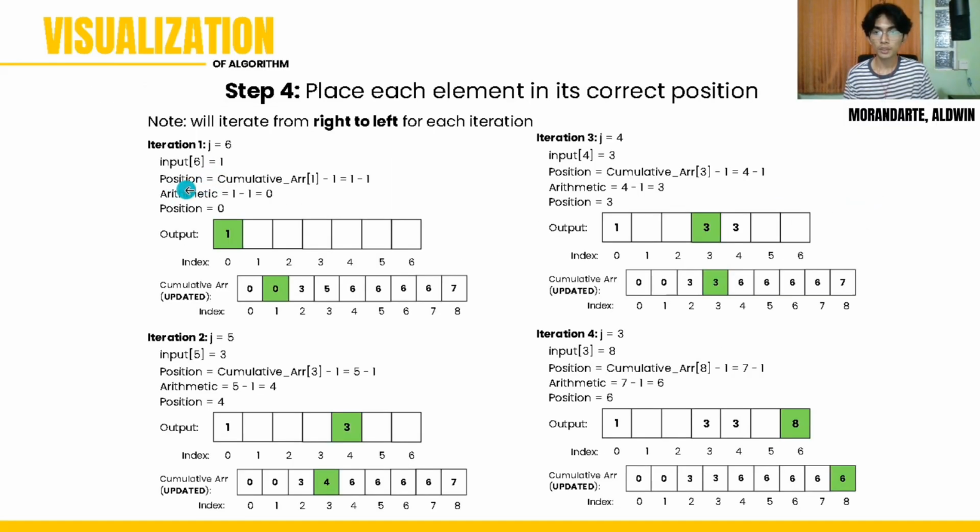And then to get the position, using the value from input 6, we apply it to the cumulative count array minus 1, which is 1 minus 1 is equal to 0. So position 0. So the first input would be at position 0. As we can see from here, output index 0 is equal to 1.